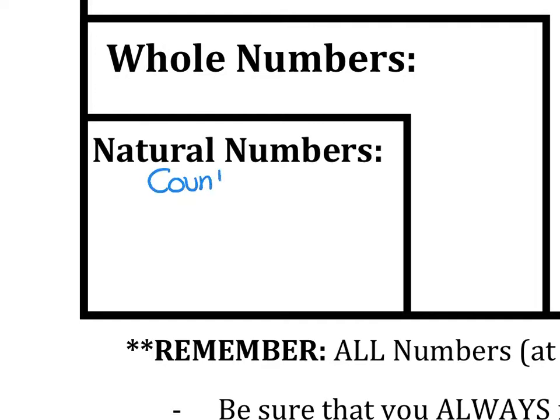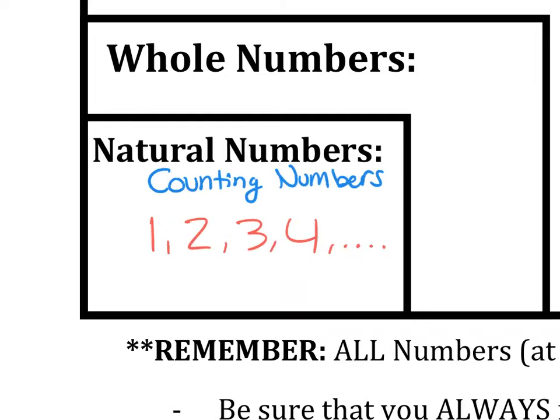So the counting numbers. So 1, 2, 3, 4, etc. Notice that when we're counting, the natural numbers start with 1, not 0. So 0 is not included in the natural numbers. It starts with 1, and you count up.